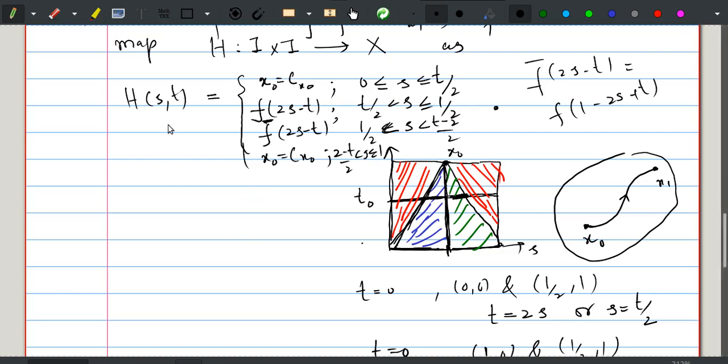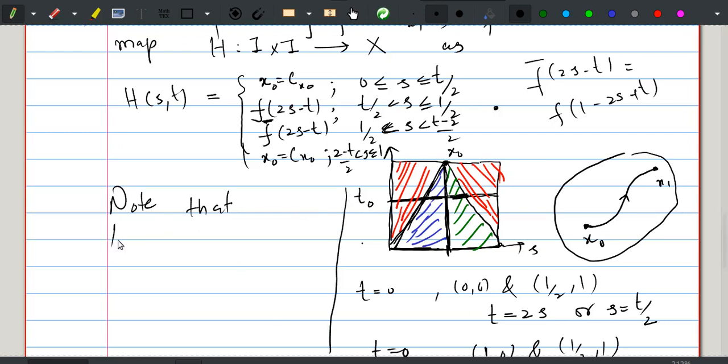Now note that for this homotopy, h is continuous.